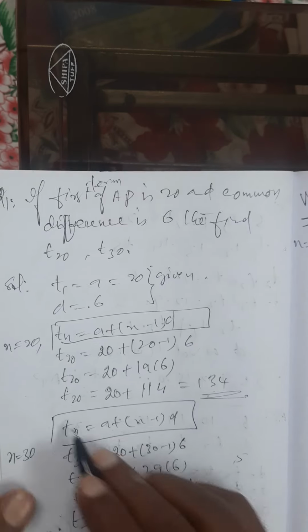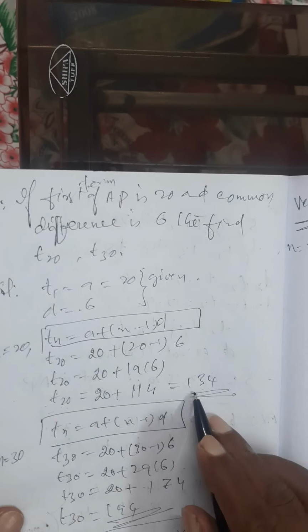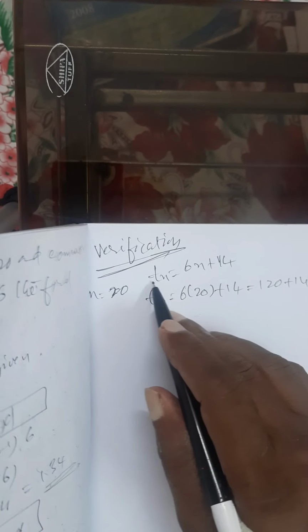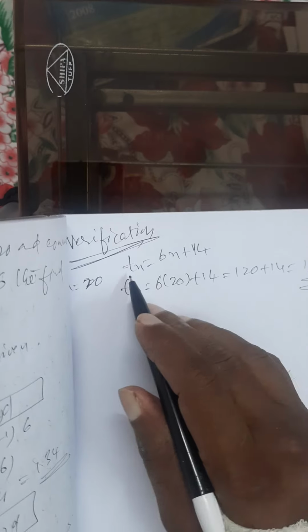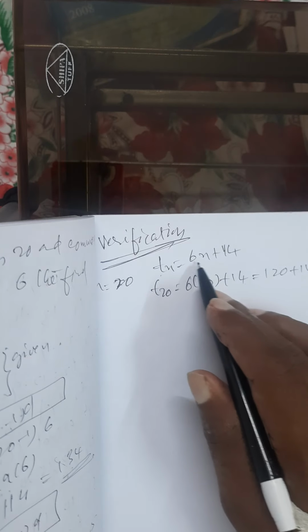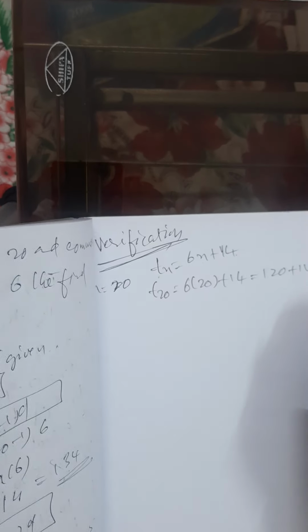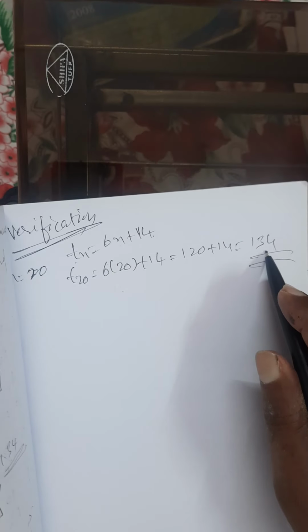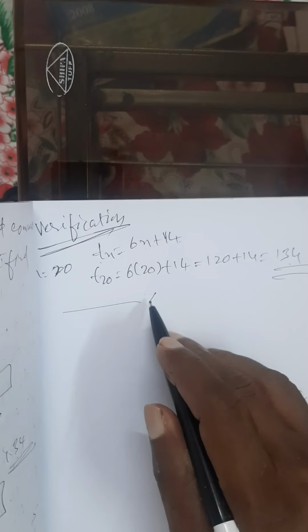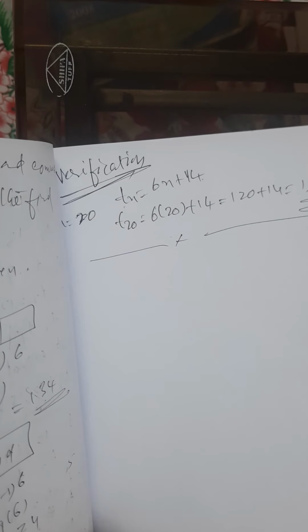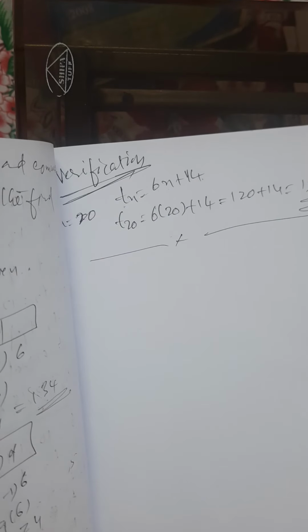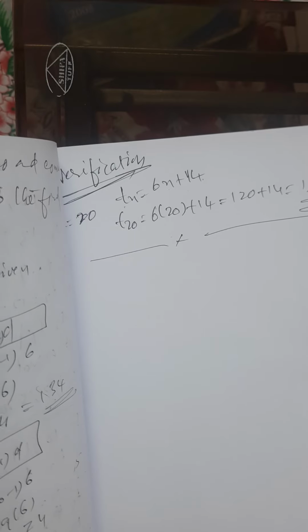Just see here, T20 equals 134. Using this direct simplified formula for this series only, 6n plus 14, again we get the same value. So like that we can prepare the nth term for a given series and substitute the value to get the answer directly.